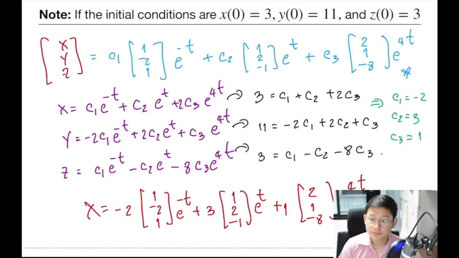That's it for the first case, when the eigenvalues are all distinct. When they are all distinct, we know that you can find the eigenvectors, the k1, k2, k3, using the equation A minus mI, the big I, times K equals 0.